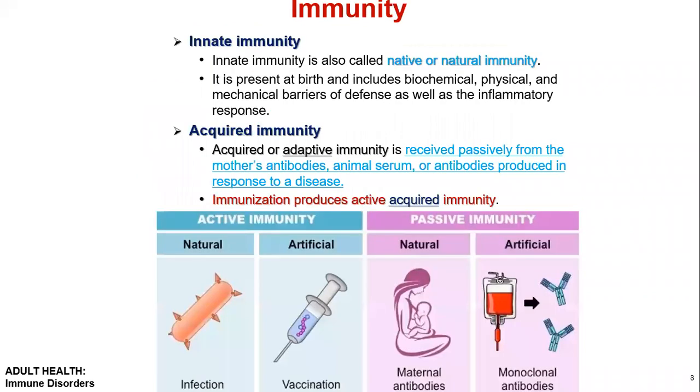Now here, types of immunities. There are two types of immunities: innate and adaptive immunities.